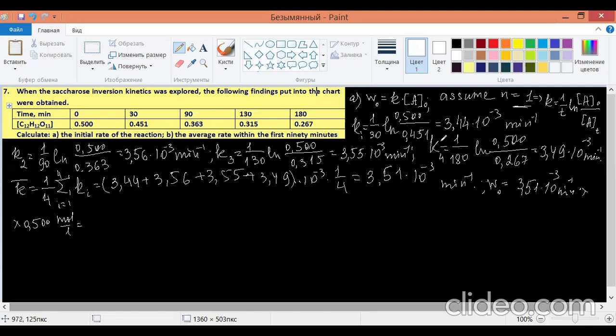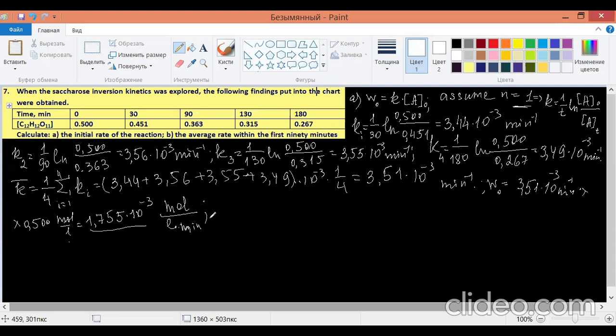That gives 1.755 times 10 raised to minus 3 moles per liter per minute, because minute is raised to minus 1, which means it should be in the denominator. Yeah, and we've got the correct measurement unit for the rate of this process, and here is its initial value. This is the answer for A.